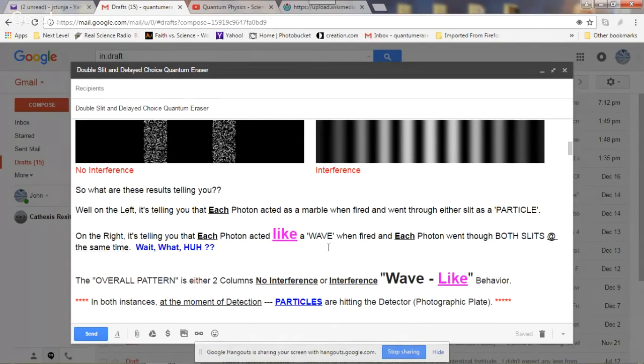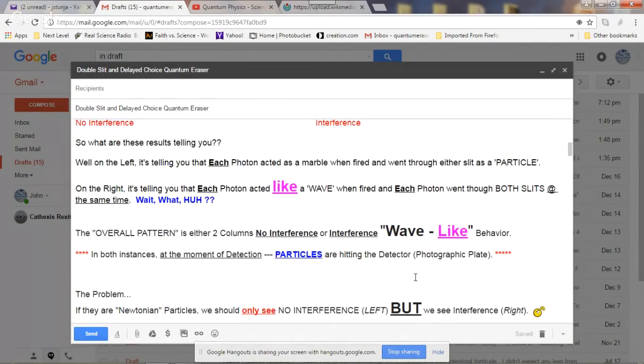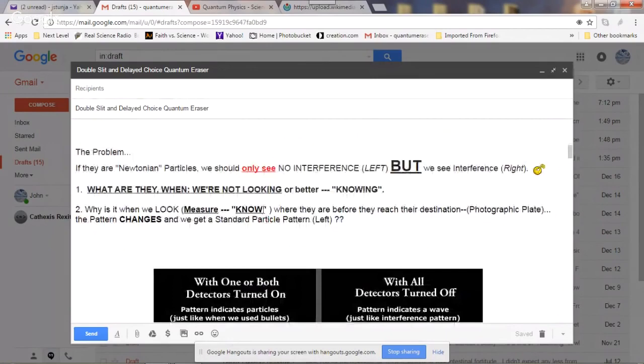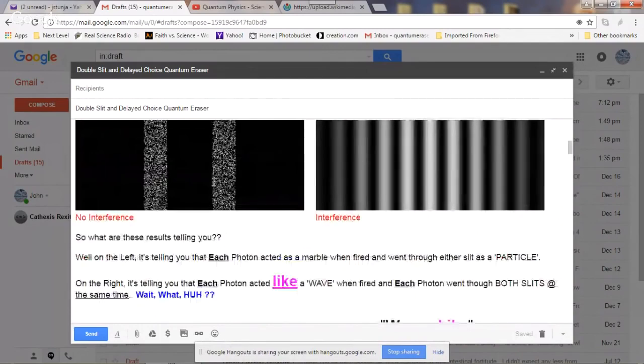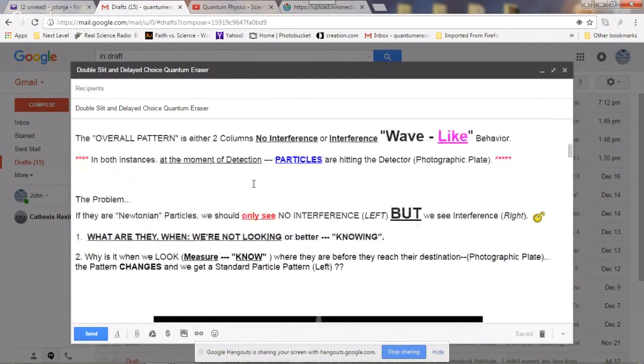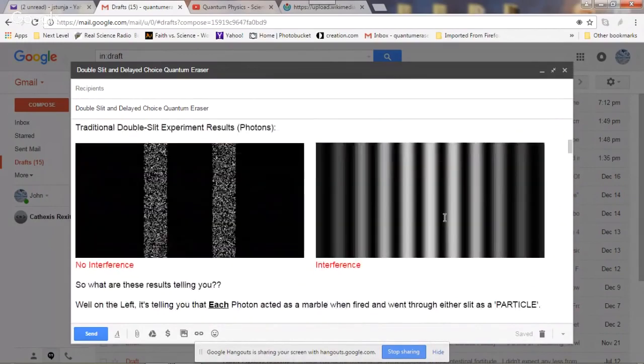And as I said, in both instances, at the moment of detection, particles are hitting that detector or photographic plate. The problem? If they're Newtonian particles, we should only see no interference on the left over here. But we see interference to the right.